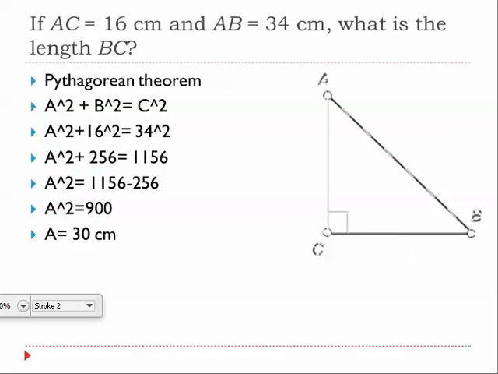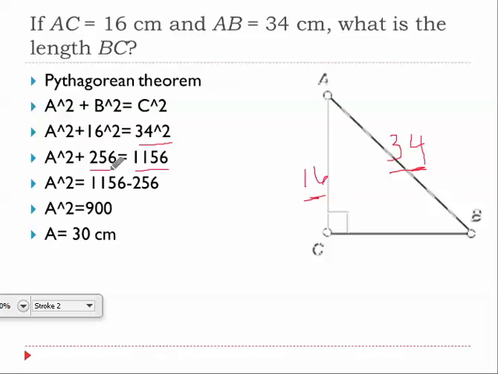Okay. Here's a perfect example of that. Here they gave us AB, that's 34, and they give you AC, that's 16. In this situation, I would plug this in as the c squared and this one as the a squared. And then I can take the c squared, 34 squared, or 1156.